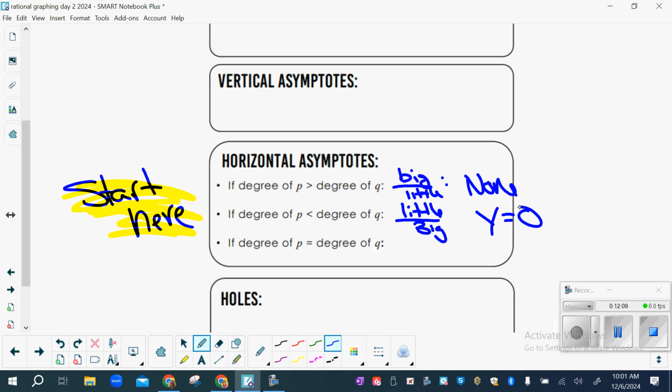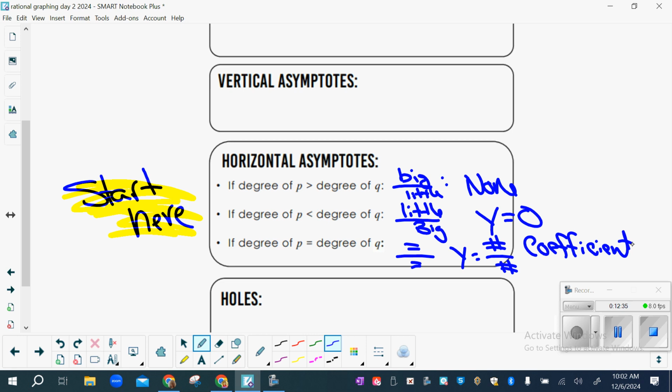And finally, if it's equal over equal, it's y equals, and I'm just going to put the number sign over the number sign, and I'm going to write the word coefficients. That's the number in front. That's the math term for the number in front, right? That's your first little cheat sheet, right?